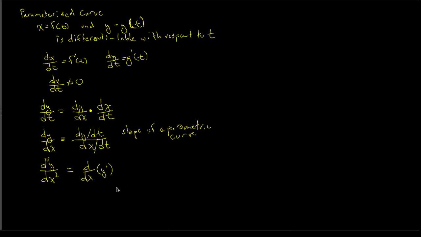Okay, y prime is giving us a value of the parameter. And if we take the derivative of y prime, we find that we get dy prime with respect to t over dx/dt.